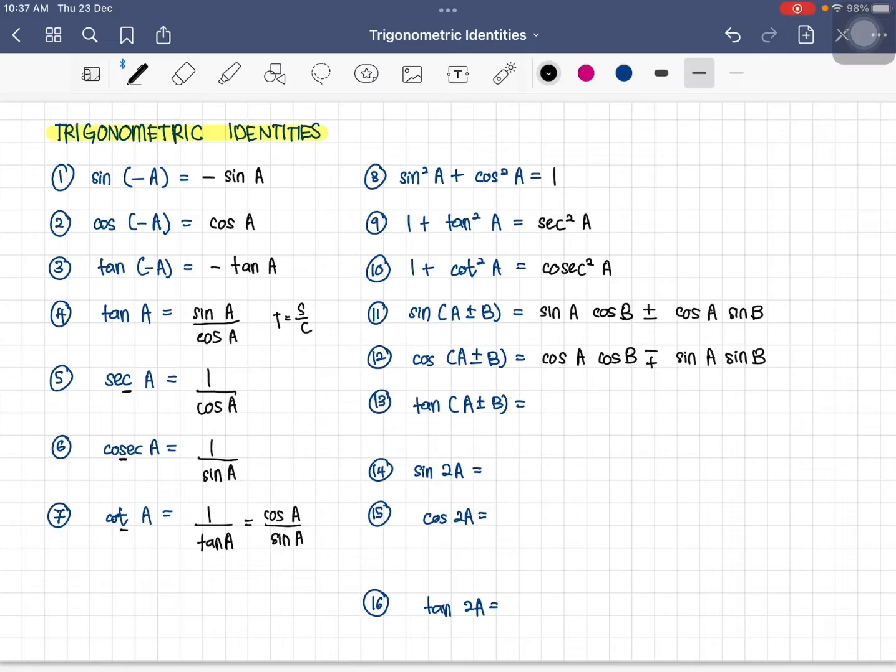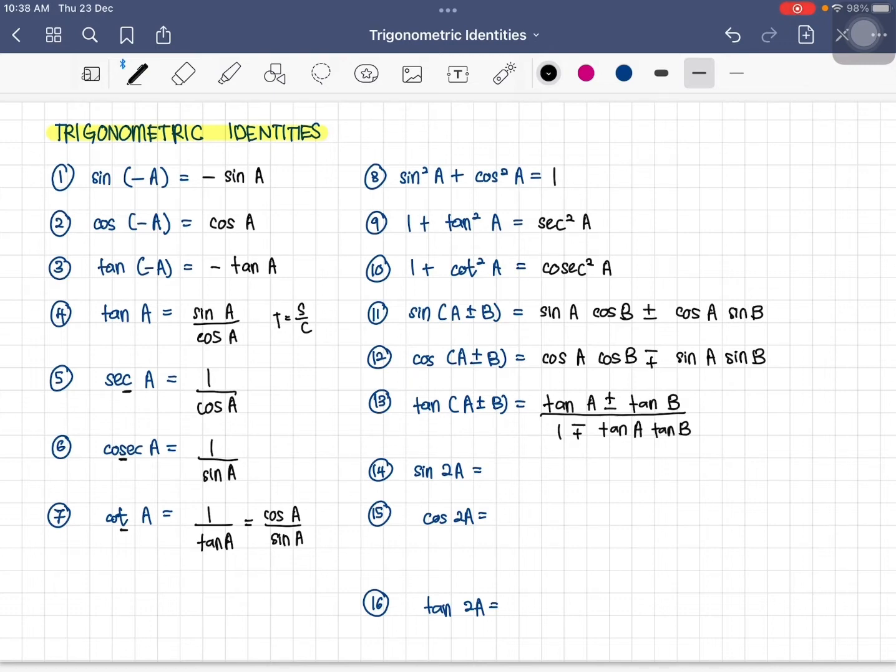And then we have tangent of a plus minus b, which gives us tangent of a plus minus tangent of b, as a fraction over 1 minus plus tangent of a tangent of b.